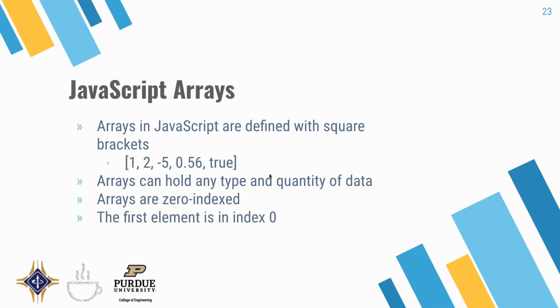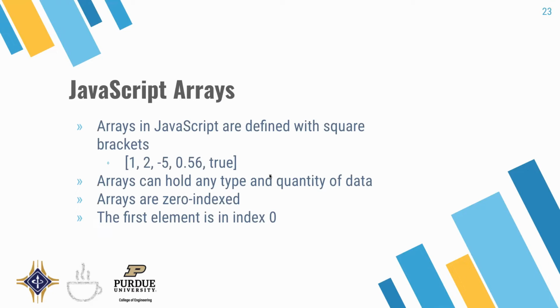Okay, so moving on after functions are JavaScript arrays. So think of arrays as like a group of things that are organized. In this example here, it's just an array of a couple of different things. We've got numbers, a negative, a decimal, which is a floating type, and then true, which is just a Boolean state, so a 1.